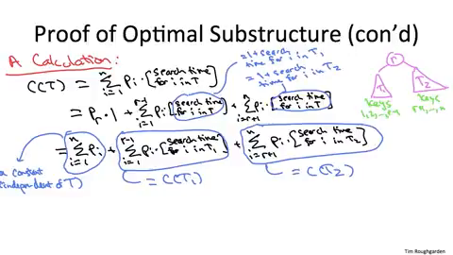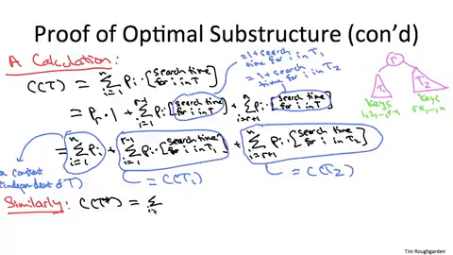In particular, that's true for this tree T star we got by cutting and pasting the better left subtree T star 1 in for T1. So applying this reasoning to T star, we can write its weighted search cost as the sum from i equals 1 to n of all the p_i plus the weighted search cost of the left subtree of its root, which remember by construction is T star 1, and then it has the same right subtree as the tree T does, namely T2.